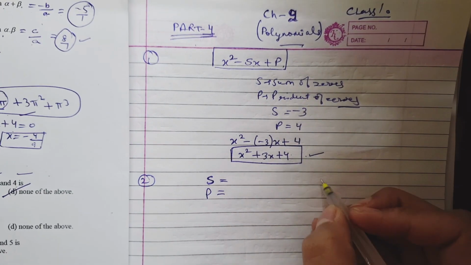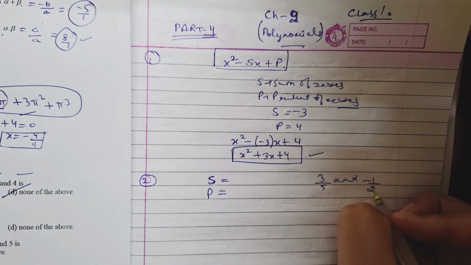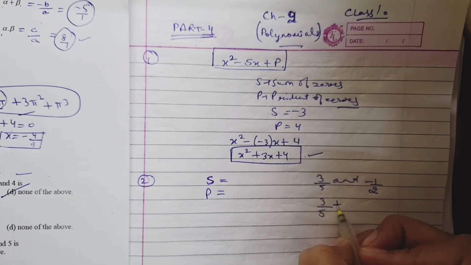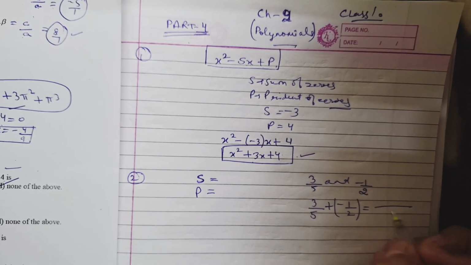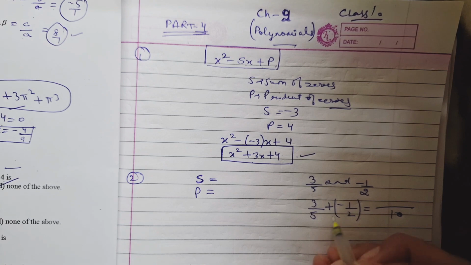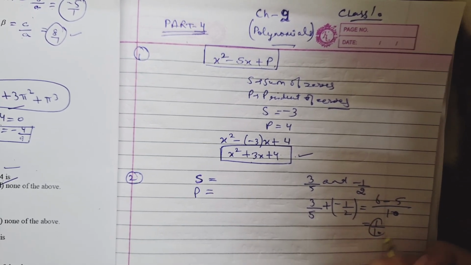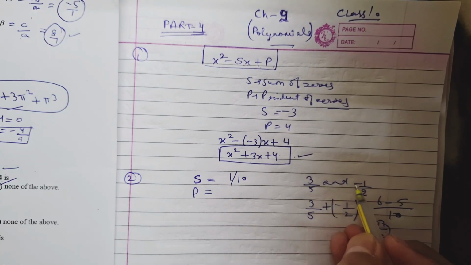Now you are given 3 by 5 and minus 1 by 2. First we will find the sum. 3 by 5 plus minus 1 by 2. LCM is 10, so 6 minus 5 over 10, it will come 1 by 10. So the sum is 1 by 10. Now the product: multiply 3 by 5 into minus 1 by 2.